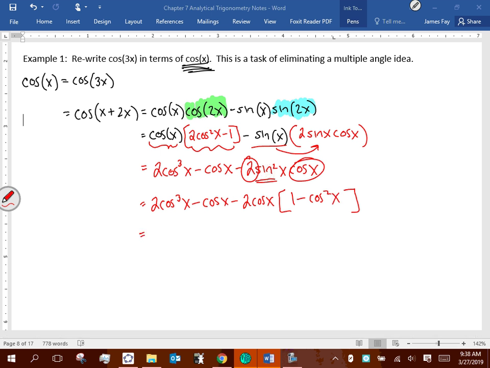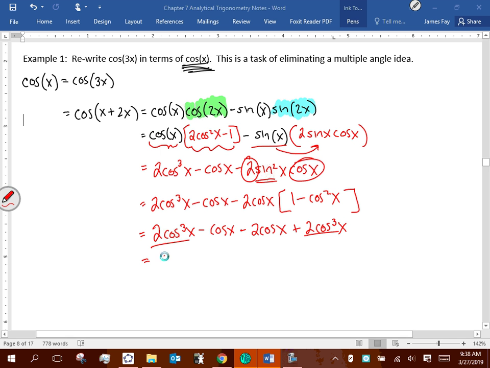Okay. So then 2 cosine cubed x minus cosine x minus 2 cosine x plus 2 cosine cubed x. How many cosine cubed x's do you have now? 4.